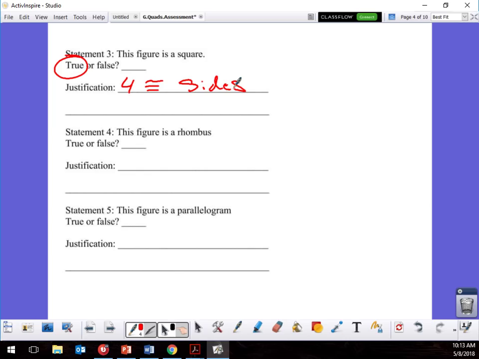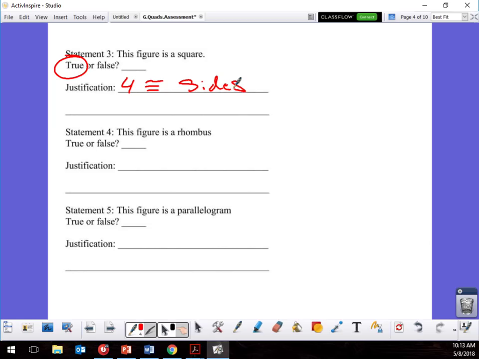Yes, no, maybe. Is this a rhombus? No. Why no? Because yes, it is. Is it? I don't know.